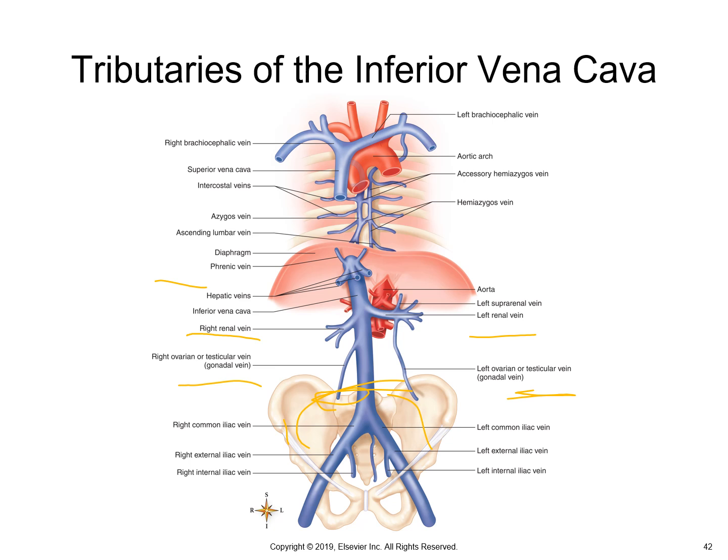Hemiazygos veins and also accessory hemiazygos veins, they drain the left side of our thorax, eventually emptying into the azygos vein on the right. So again, this system provides a collateral pathway for our venous return if the IVC is obstructed.